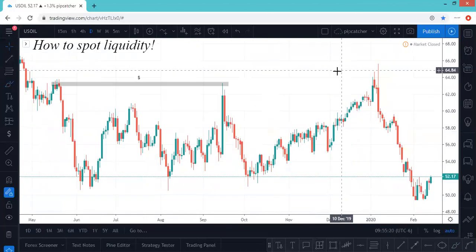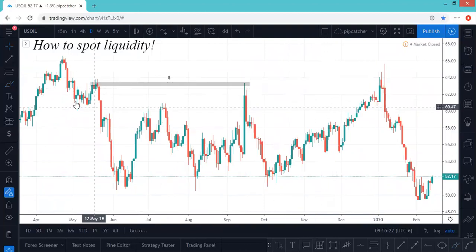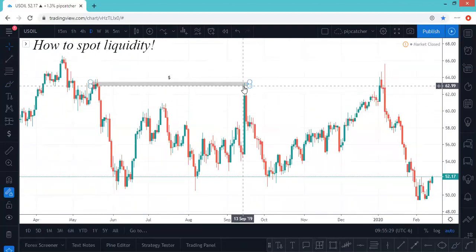So playing off of this, we see this area right here had been accounted for.